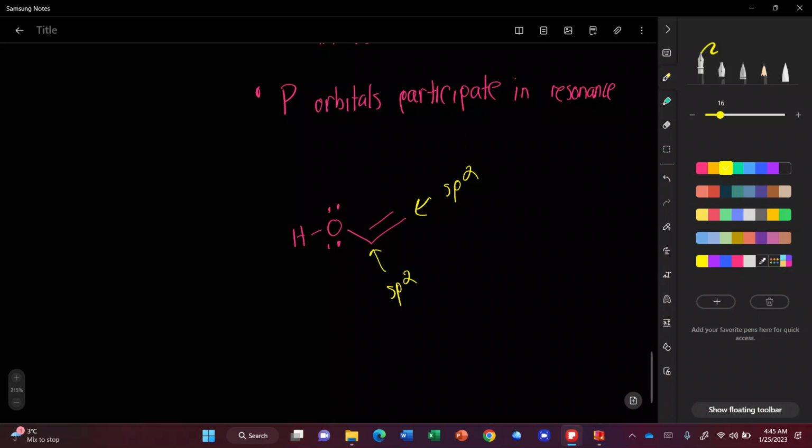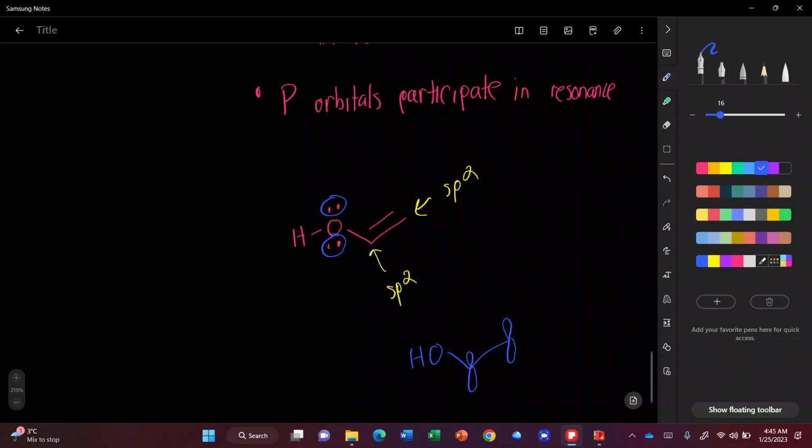Now, before I do the oxygen, I want to redraw this molecule, and I'm going to put in some orbitals. We know that because both of the carbons are sp2 hybridized, they each have a leftover p orbital. Now, even though the oxygen has 4 bonding domains, if I hybridize the oxygen to sp3, that would mean both of those lone pairs would have to be in sp3 orbitals.